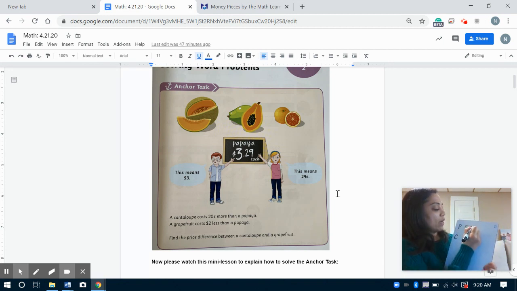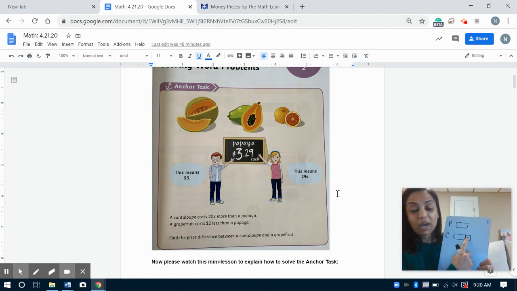Here's my papaya. A papaya costs $3.29, right? My cantaloupe right now shows that it's the same price as the papaya, but we know it's not. We know the cantaloupe is 20 cents more. So I'm going to draw a little box right over here.